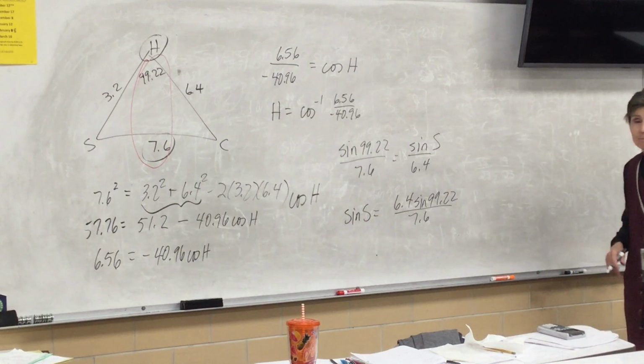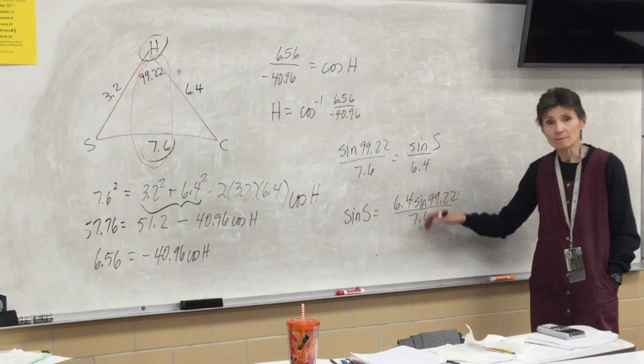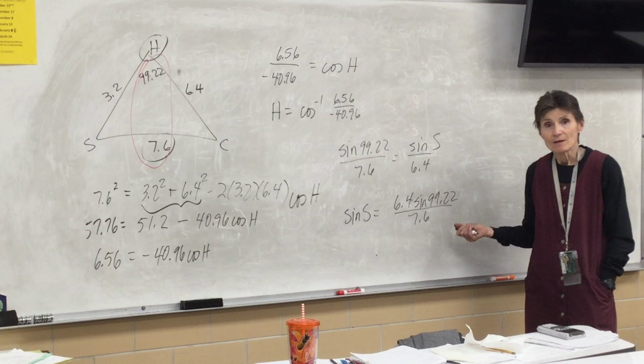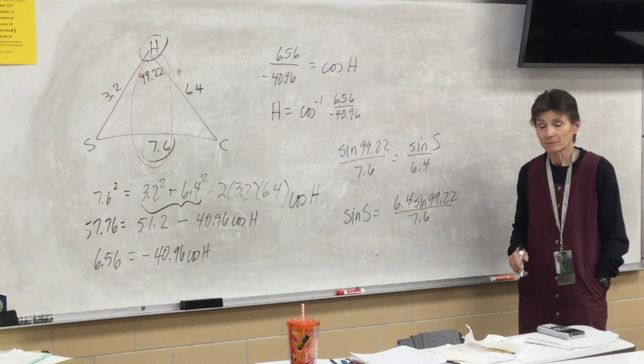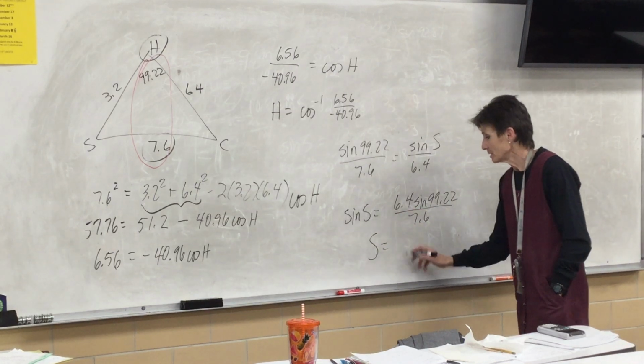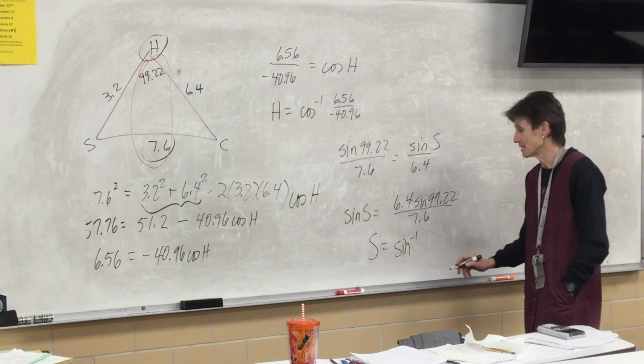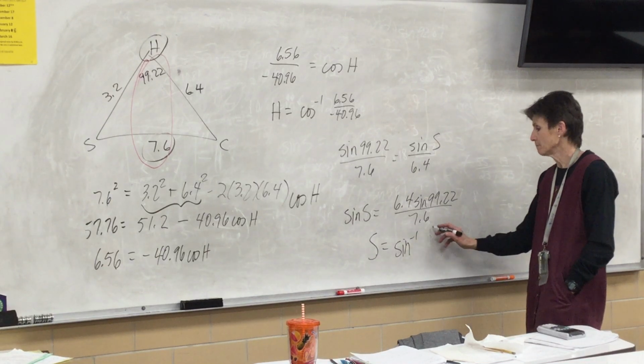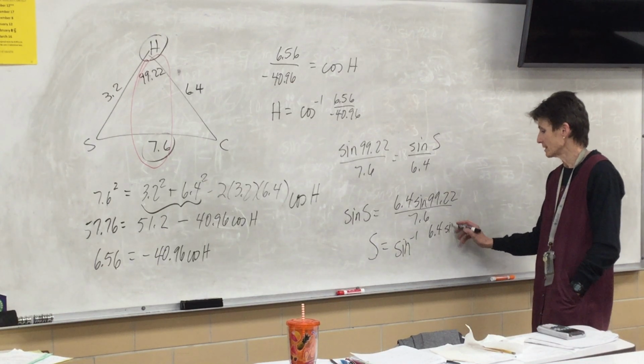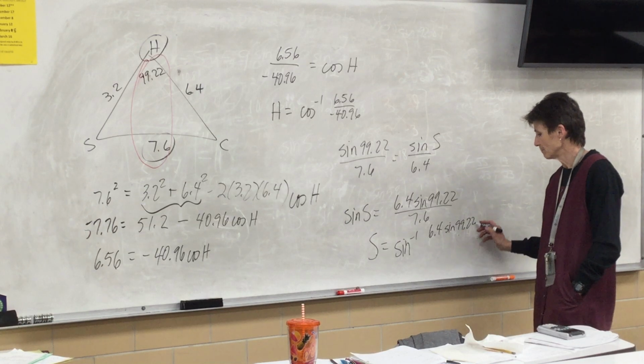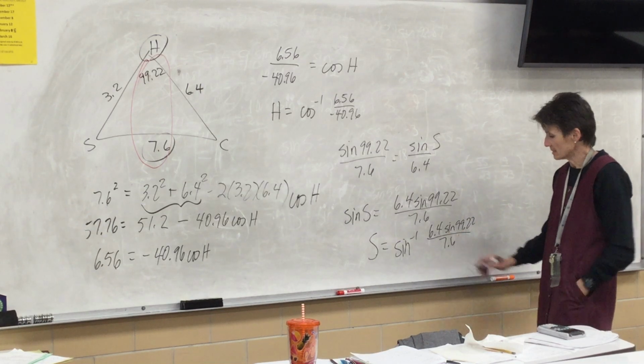Here we go again. You can go ahead and type that in, but that is not the answer. That is the sine. To get the answer, you're going to second sine or inverse sine 6.4 sine 99.22 over 7.6.